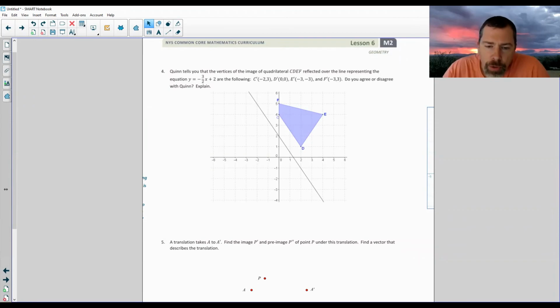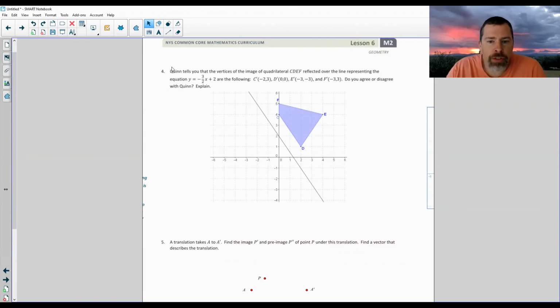Okay, so keep in mind that in order for us to do this, since this line has a slope of -3/2 and it's going through the point (0, 2), and not the origin, we can't just simply count over, because we don't know how far it is from here to this line. We don't know where the perpendicular is.